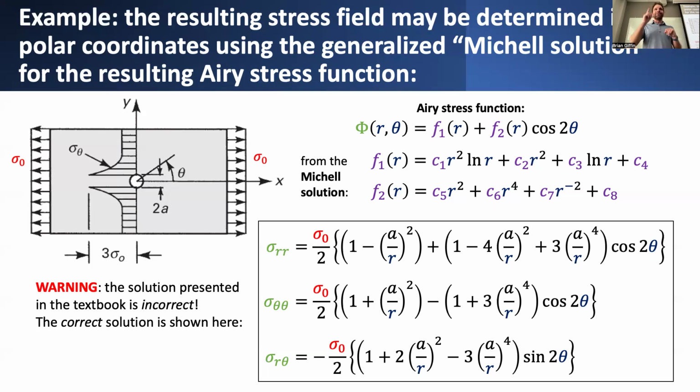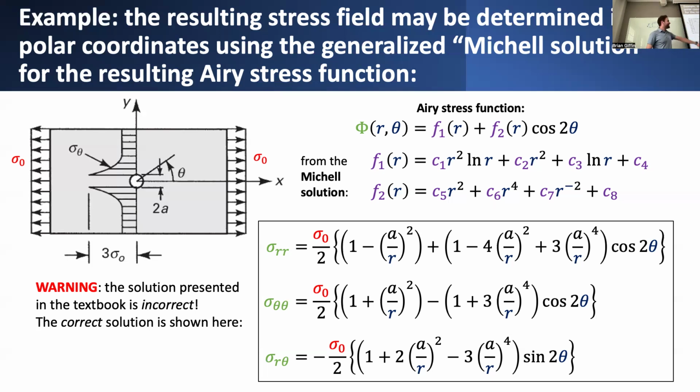All right, so one thing I will also point out was rather unfortunate. This solution does appear in the textbook. They do present this particular problem, but it's wrong. They have a typo. I think it's in this expression for the sigma theta theta stress, and I think also for the sigma r theta stress. So just be careful.